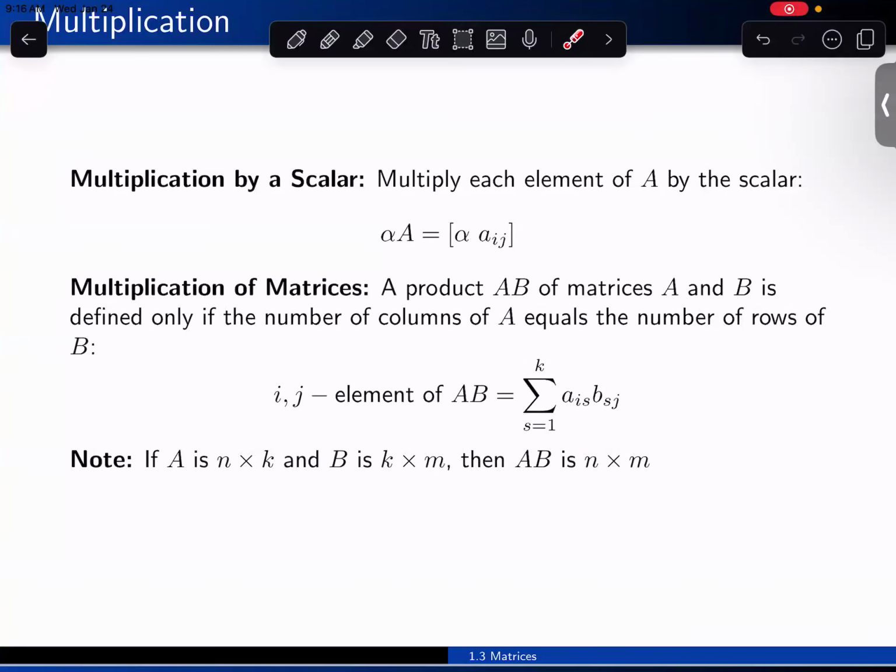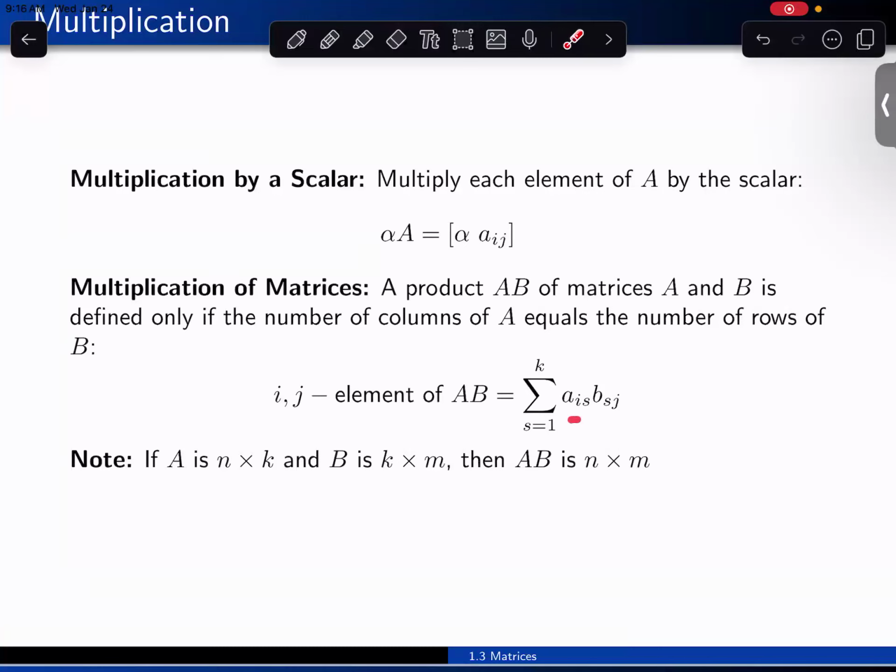At least in this class, you're not going to have to work really hard to understand this sum. But what it's really saying is that the new ijth entry of your matrix is going to be a dot product of the ith row of your first matrix with the jth column of your second matrix. So the i and the j in this sum remain constant.